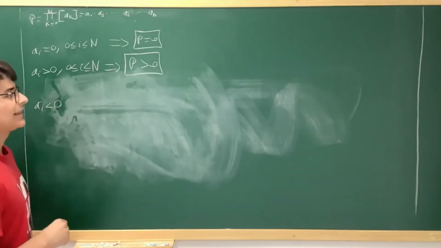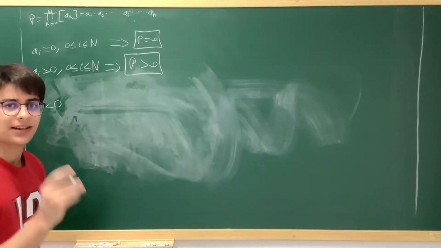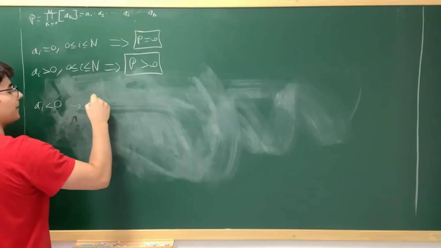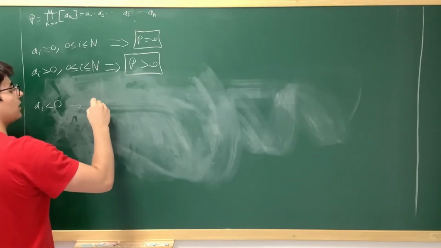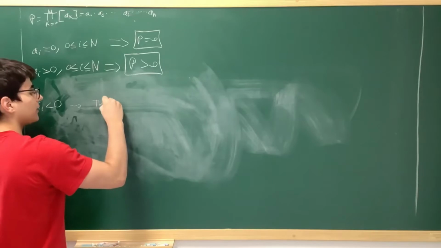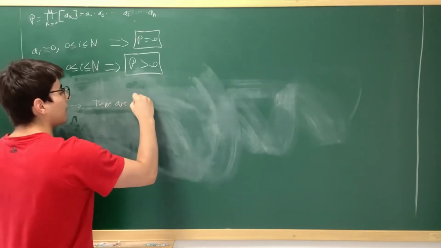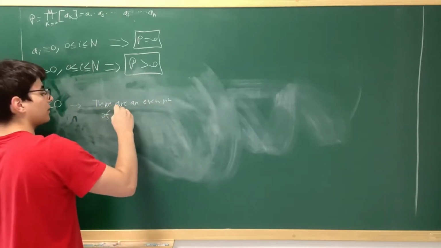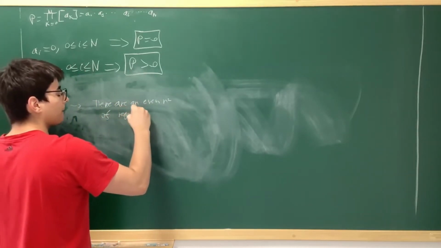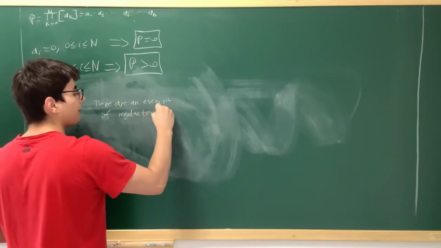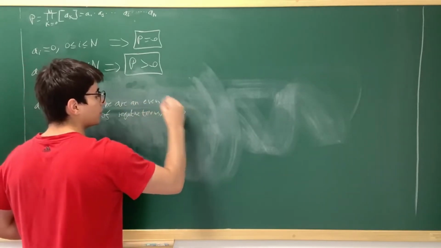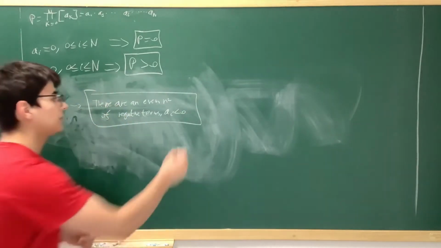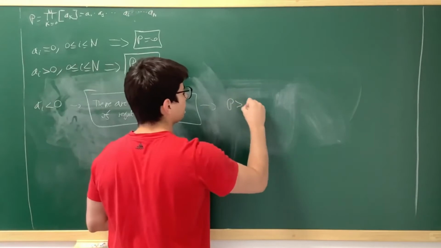Let me just say that there are an even number of terms that are negative, ai less than 0. So if this happens, if they're even, then the product will be positive.